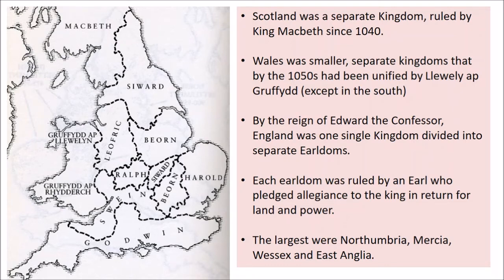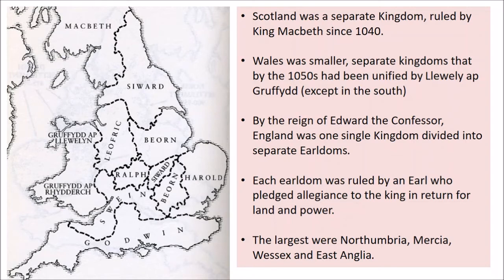So they were all in the one kingdom, but they were ruled by an earl, and they had been given their position by the King of England. So each of those earls that you can see, those are names, by the way, Siward, Leofric, Bjorn, etc., etc. They were all given their job by the King of England.